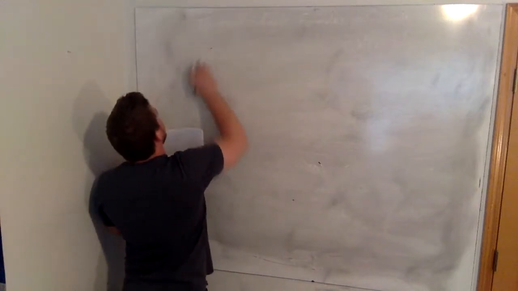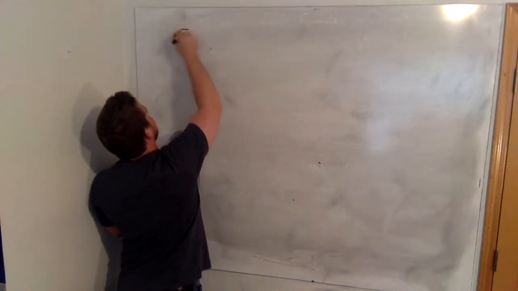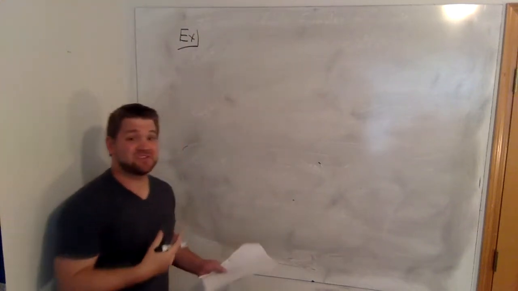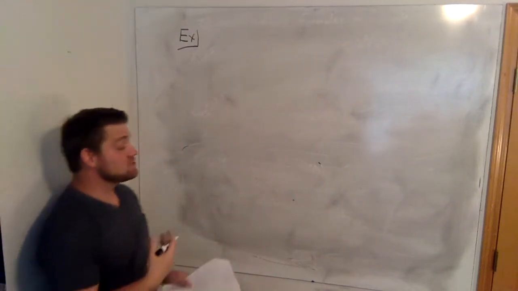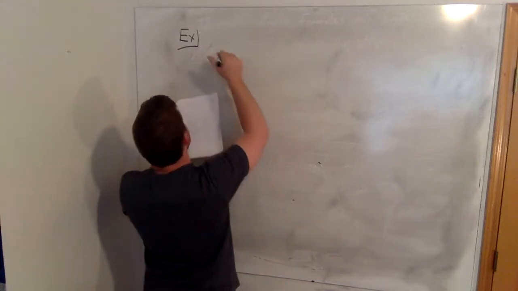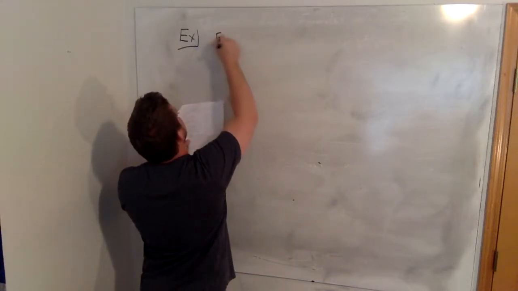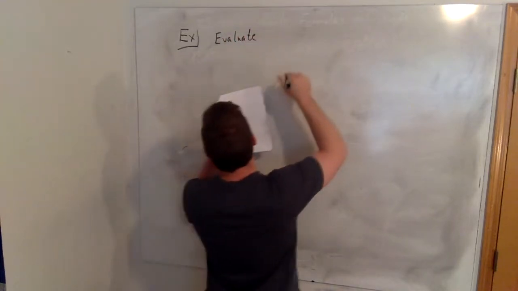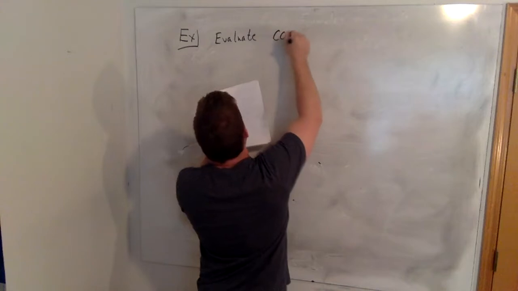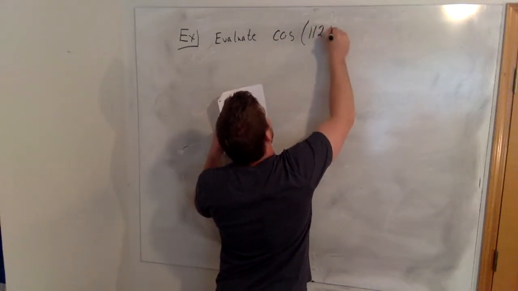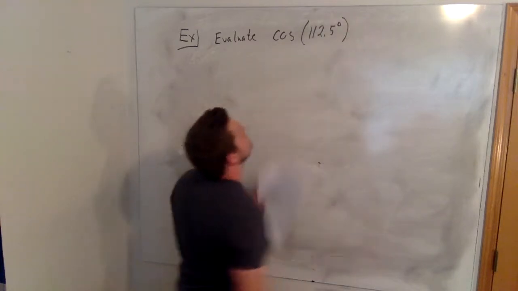So for example, these half-angle formulas can help us evaluate sines and cosines at some awkward angles. Let's say we wanted to evaluate the cosine of 112.5 degrees.